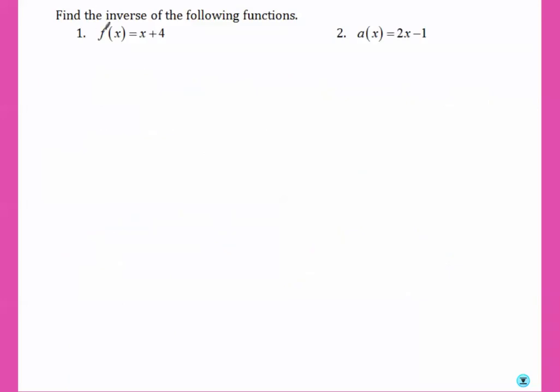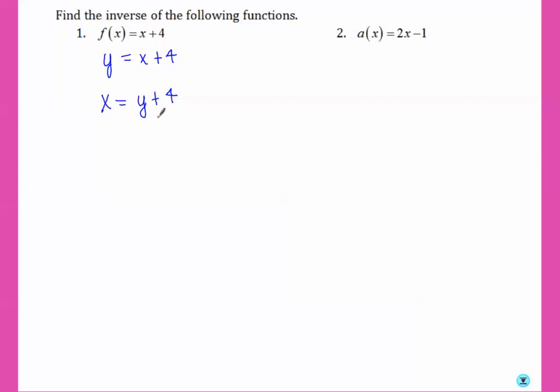So in the first one we have f of x equals x plus 4. We're going to rewrite this as y equals x plus 4. So that's step 1. Step 2, we're going to switch x and y. So we're going to switch it to x equals y plus 4. And then we need to get y by itself.